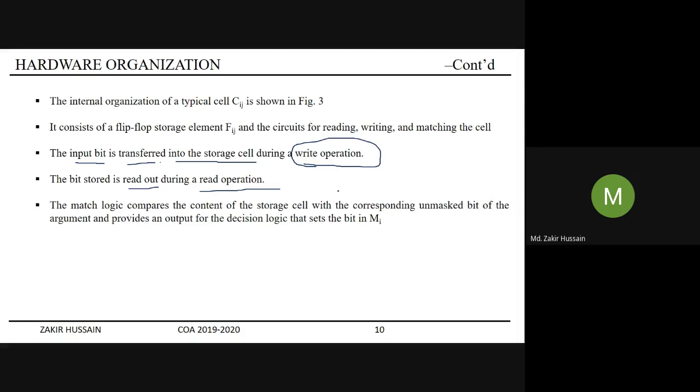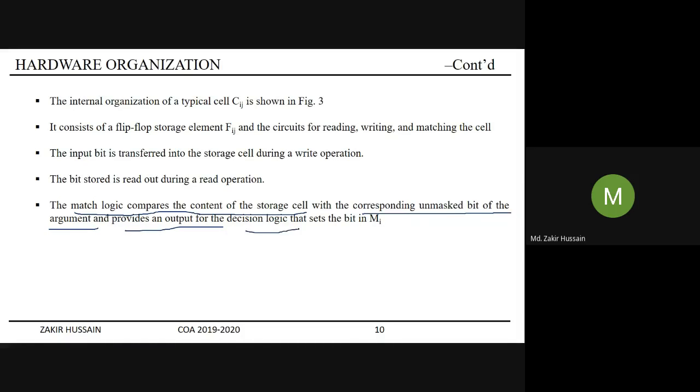So let me again clear this. The match logic compares the content of the storage cell with the corresponding unmasked bit of the argument and provides an output for the decision logic that sets the bit in MI.